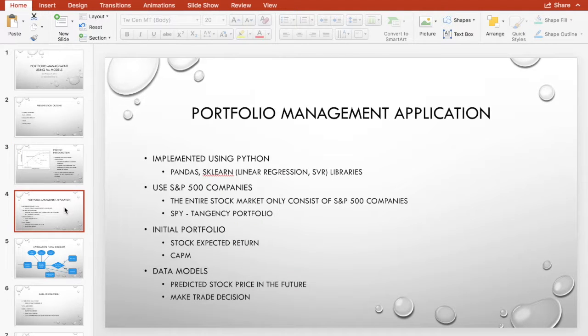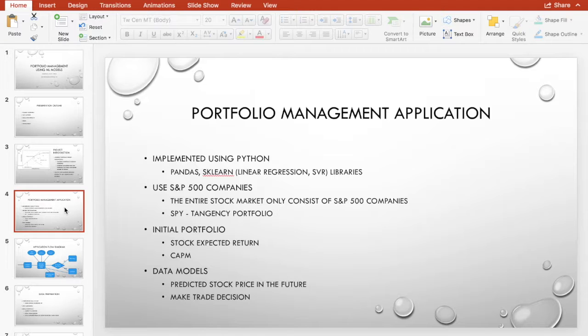Let me give a quick overview of my portfolio management application. It's implemented using Python. The two main libraries I use are Pandas and sklearn. My application uses S&P 500 company stocks only.